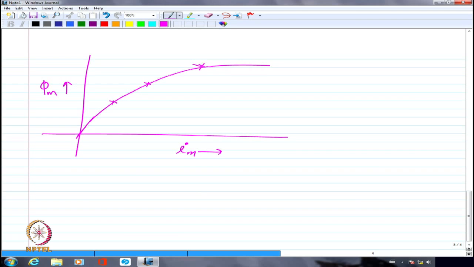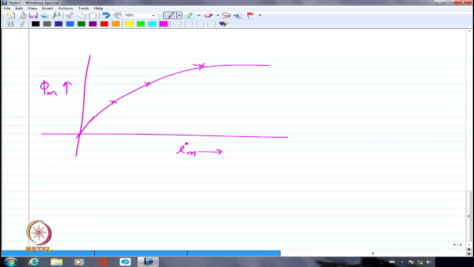Right? So phi m essentially is not because of I1 or I2, it is because of Im. And that is persistent. That is not going to be killed. Right? Because I2 was trying to kill it, and I1 bounced back to protect it. So you are having phi m all the time.